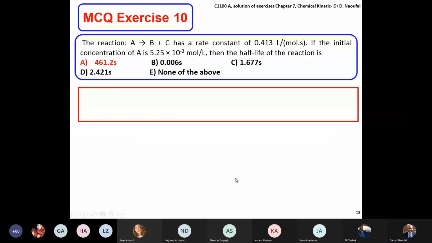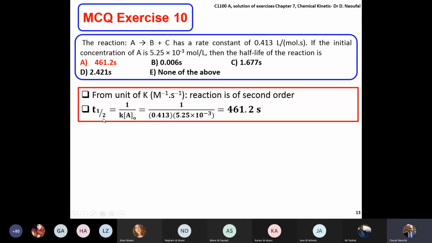Exercise 10. The reaction A to products B and C has a rate constant 0.413 liter per mole per second. The initial concentration of A equals 5.25 times 10 minus 3. Calculate t half. First, the unit of K is liter per mole per second, so M minus 1 s minus 1. From the unit of K, we can deduce that the reaction is of second order.